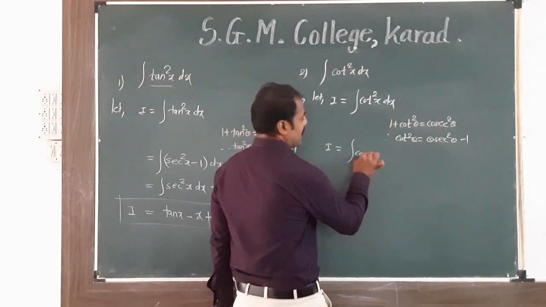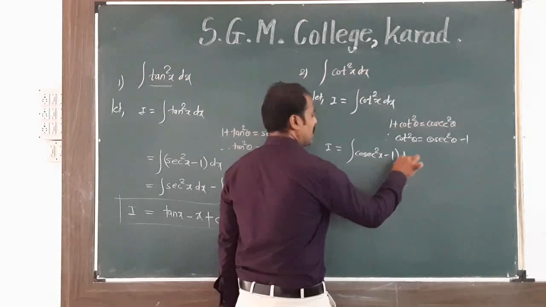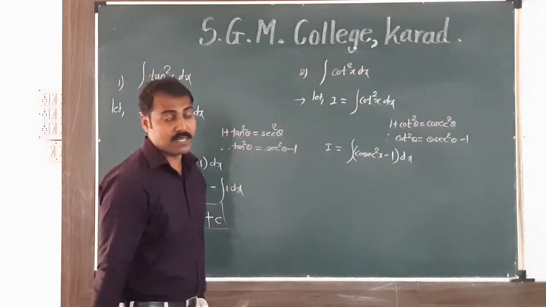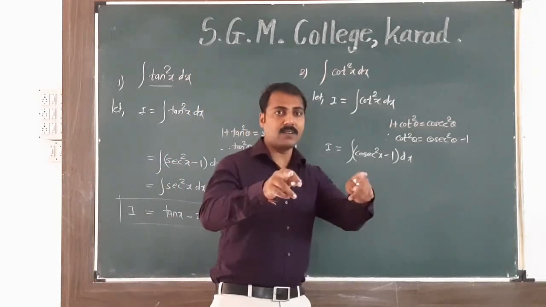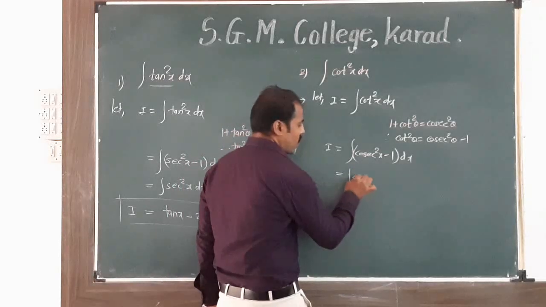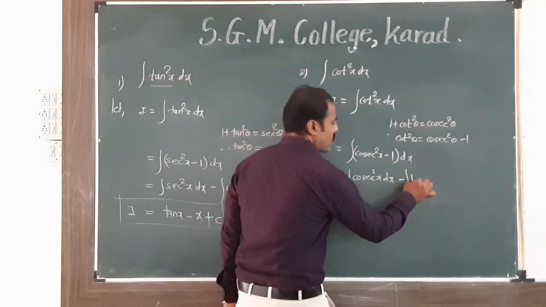So I can write this as integration of cosec square x minus 1 dx. Here inside the integration there is subtraction. If inside the integration there is subtraction, we separate the integration sign with dx. So it is the integration of cosec square x dx minus integration of 1 dx.